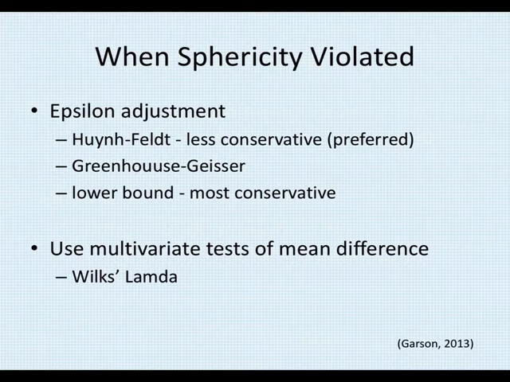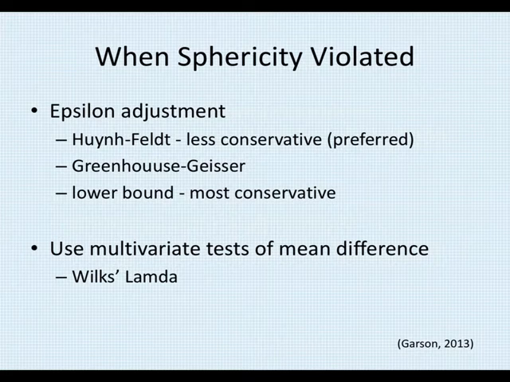So when sphericity is violated, here are some options. One option is to use one type of epsilon adjustment. There are three adjustment methods. One is the Huynh-Feldt, which is less conservative and preferred, and then Greenhouse-Geisser and lower bound. Lower bound is the most conservative.